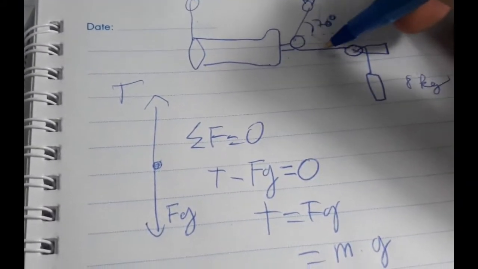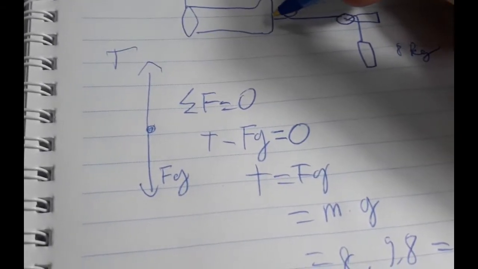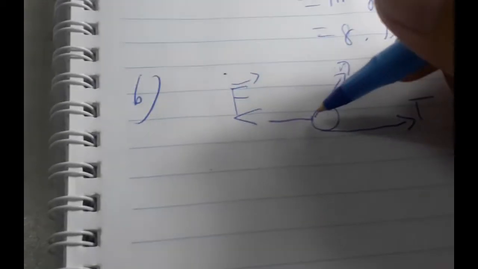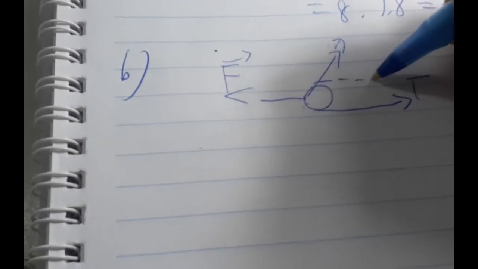The tension pulls on both sides, and the foot goes in the opposite direction. So here F. There are 2 tensions, that means T here, and this will create an angle of 70 degrees.